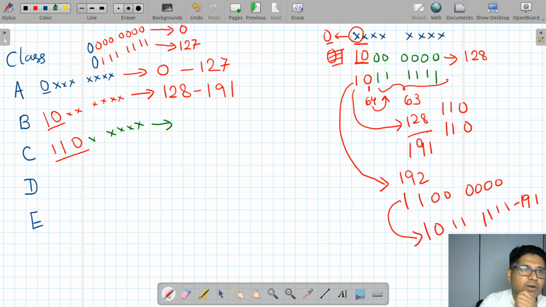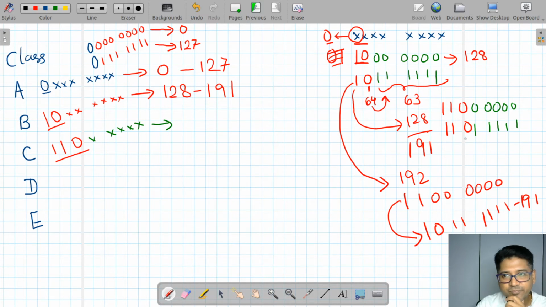Again we will calculate the minimum and maximum value. So minimum will be all zeros, and maximum all ones. So 0 means what is the value of this? 192. You remember this table, 192.